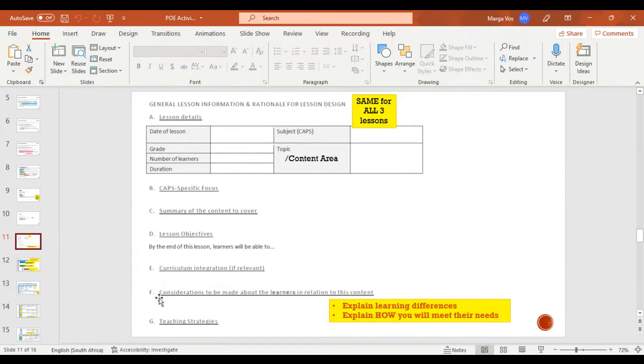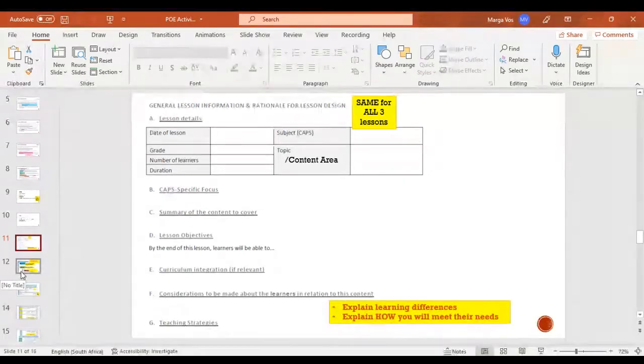But remember, in section F and in section G, you need to explain the learning differences between your 3 ability groupings, and you need to explain how you will meet their needs with the different teaching strategies that you are going to use to meet the needs of the different learners.